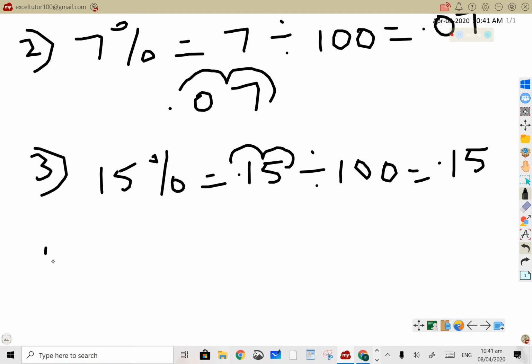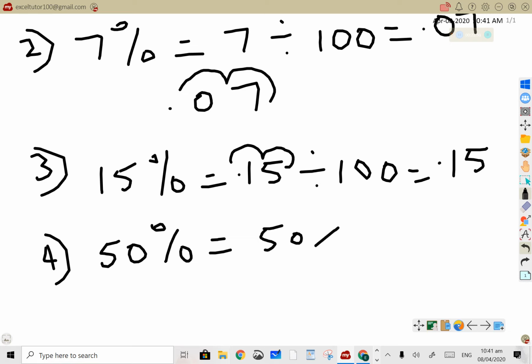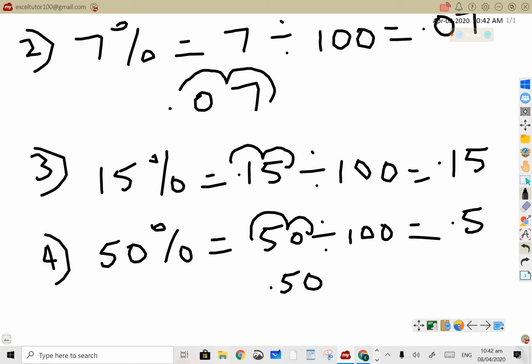All right. Number 4, we have 50%, which will be 50 divided by 100, which will be equal to 0.5. We wouldn't put 0.50 because this 0 has no value. So our answer will be simply 0.5.